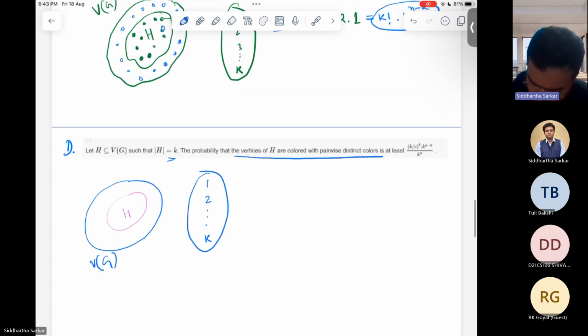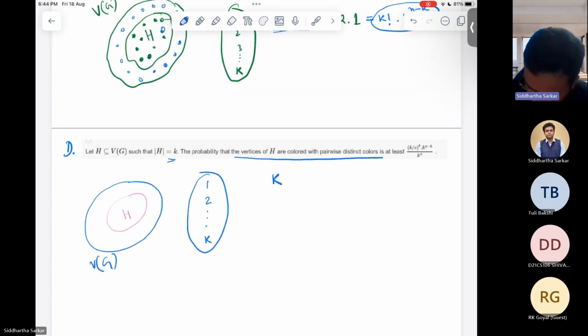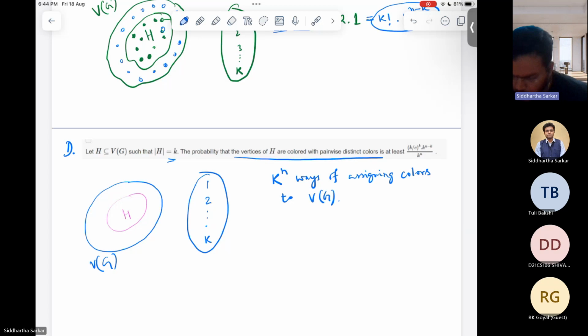So we have already seen that there are k to the power n ways of assigning colors to the vertices of G. So out of these colorings, we have to count those colorings for which the vertices of H are colored with pairwise distinct colors.